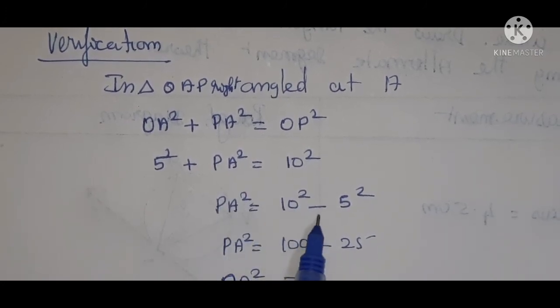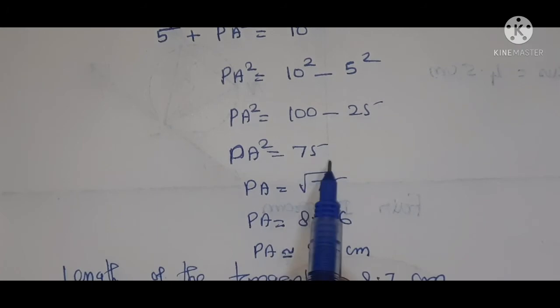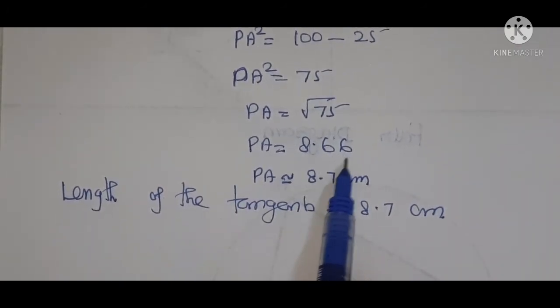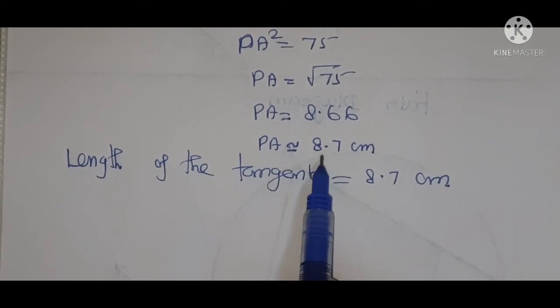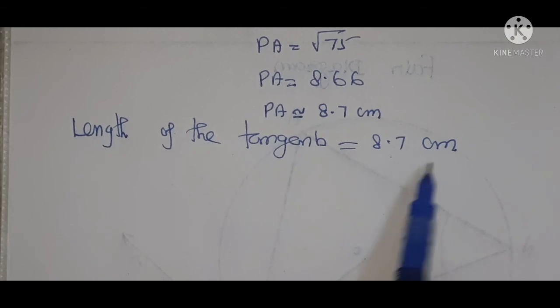PA square is equal to 10 square minus 5 square. PA square is equal to 100 minus 25. PA square is 75. PA is root of 75. Root of 75 is 8.66. PA is approximately 8.7 centimeter. Length of the tangent is 8.7 centimeter.